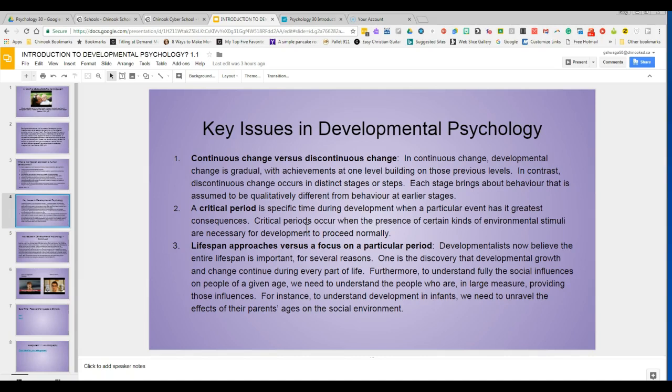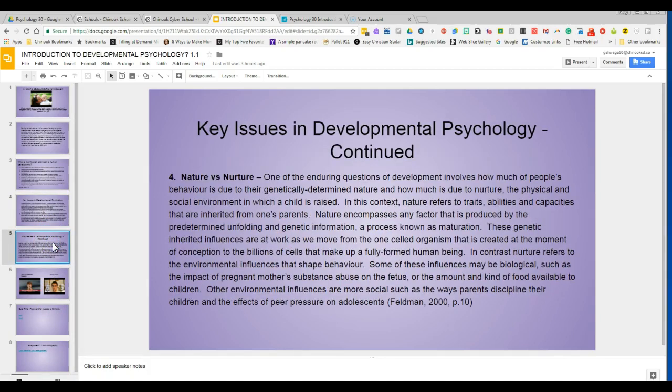Okay, lifespan approach versus a focus on a particular period. And I've been describing that a little bit in that developmentalists believe that the entire lifespan is important, more than just one particular period. It's all of those periods combined. Nature versus nurture.